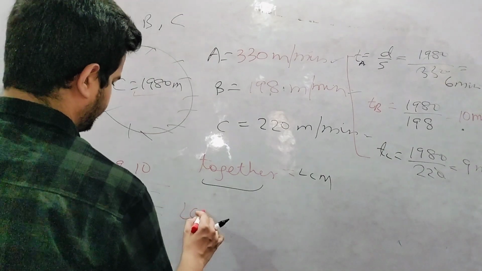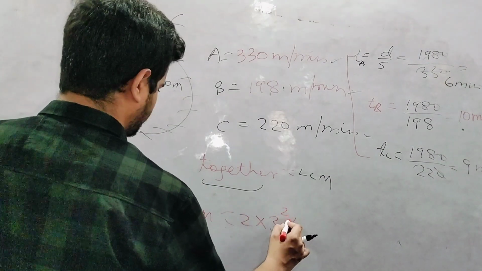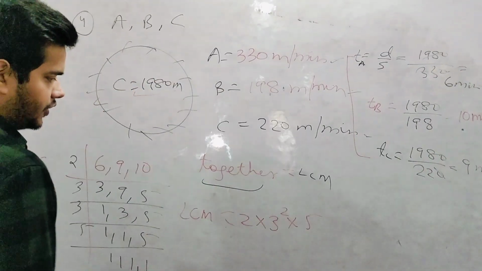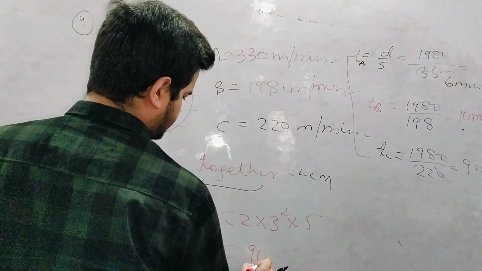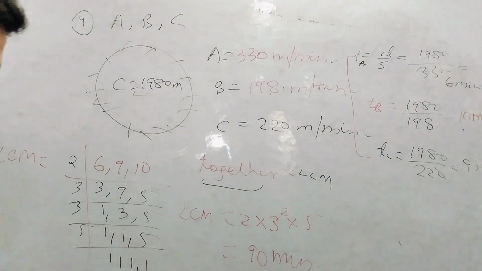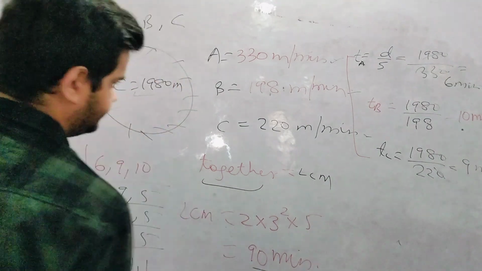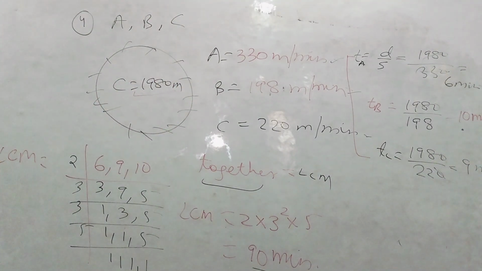So the LCM is equal to 2 into 3 square into 5. So they will meet again after 90 minutes. Okay, note it down. Moving forward.